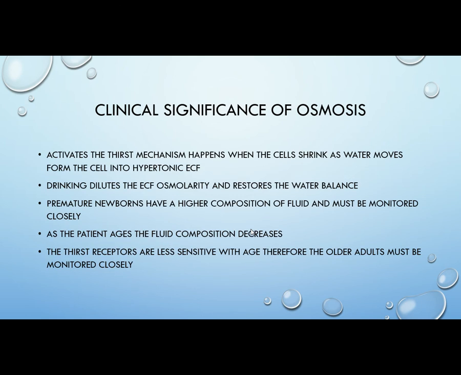Now, the article I have given you right along with this has a very good chart on it, on the different types of fluids, what the influence of the fluids is, and what you need to monitor for. Okay, and now let's look at the clinical significance of osmosis.